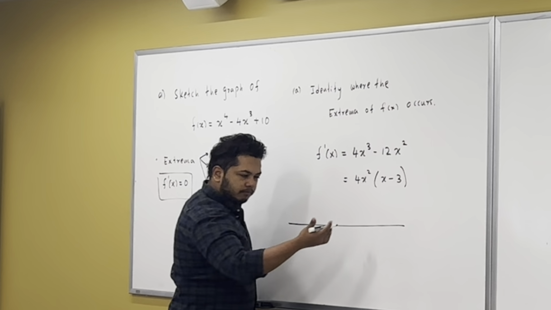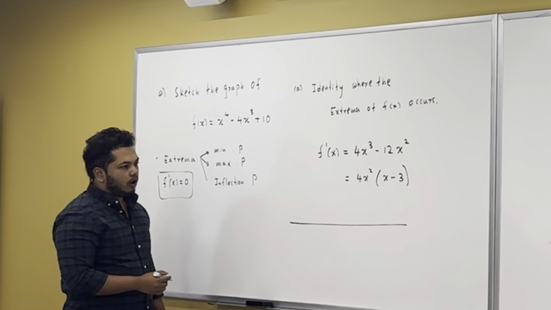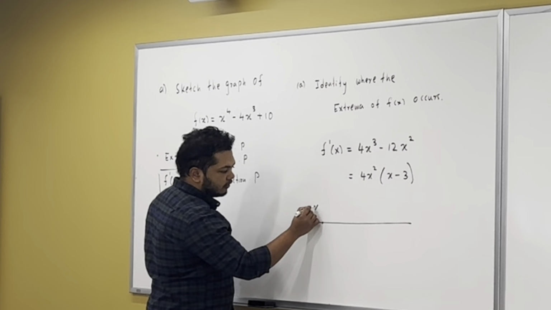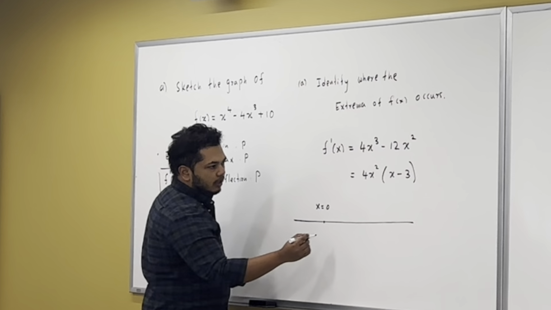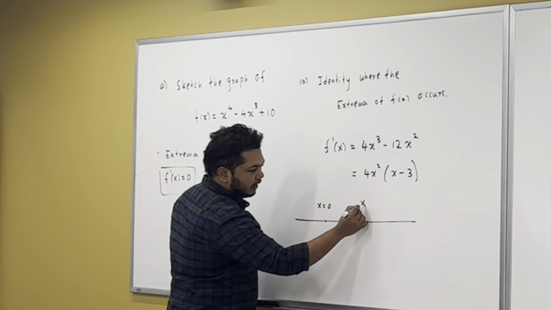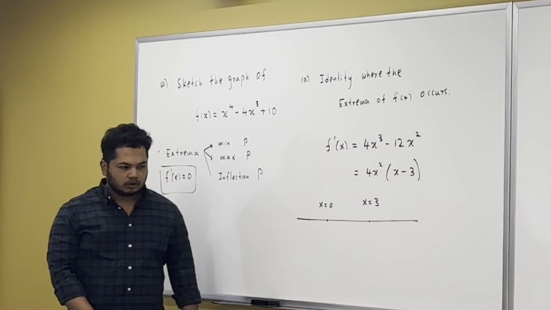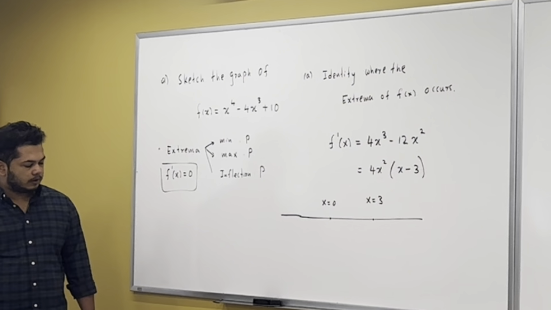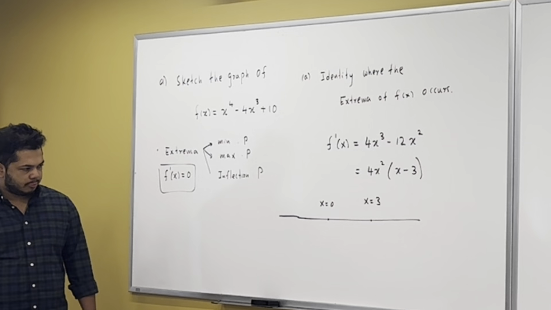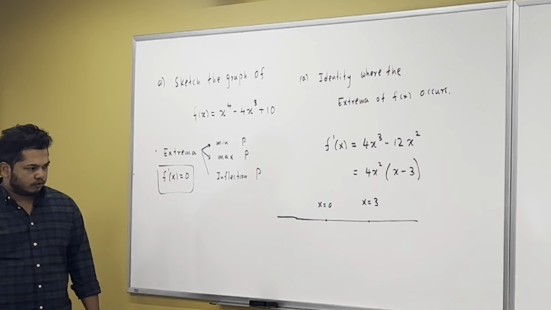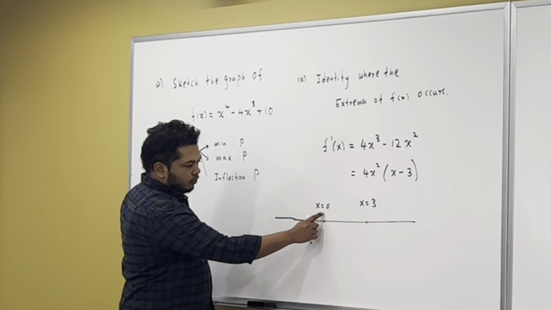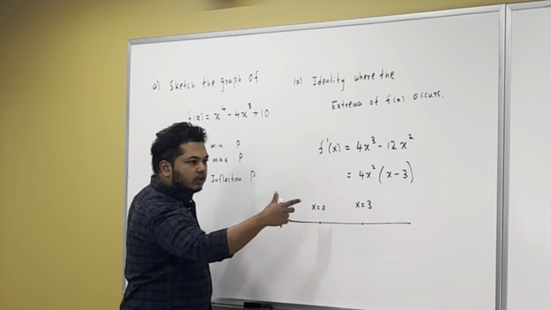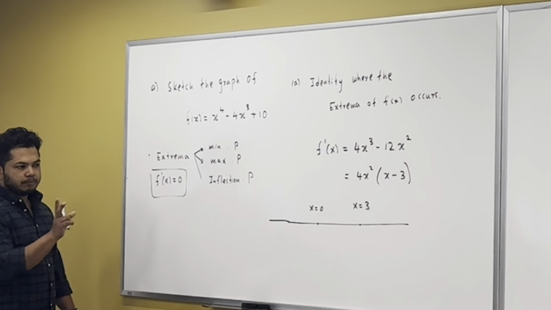You can make a table if you want, but one of the important points is x equals 0 and the other one is x equals 3. Everybody agree? Good. So at x equals 0 and x equals 3 you may have a minimum, maximum, or inflection point.